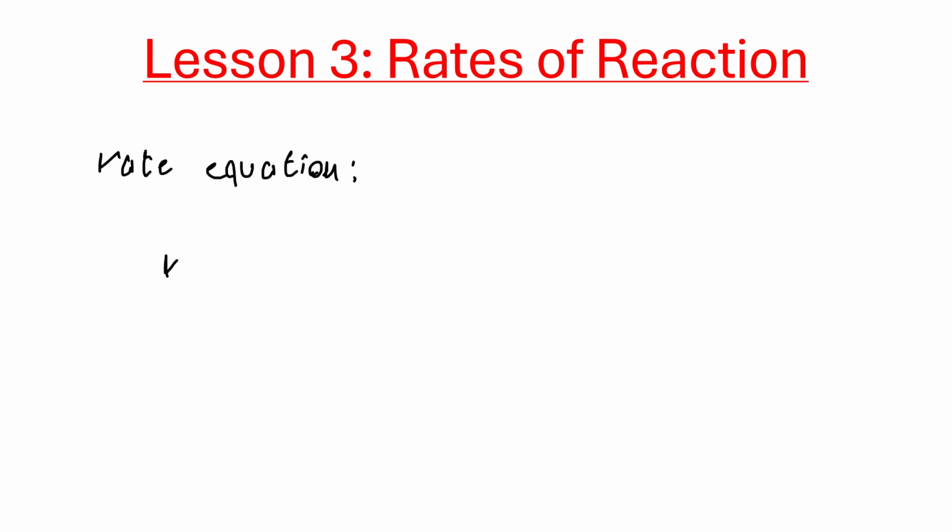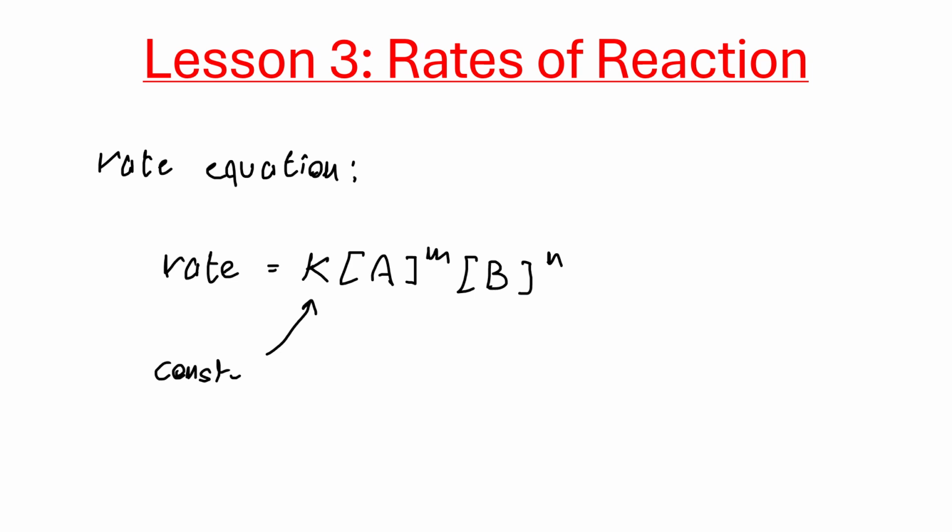It often takes on the form rate is equal to k, concentration of reactant A to its power, and concentration of reactant B to its power. This equation helps us calculate the rate at a specific concentration of reactants. k is a proportionality constant that relates the concentration of the reactants to the rate.